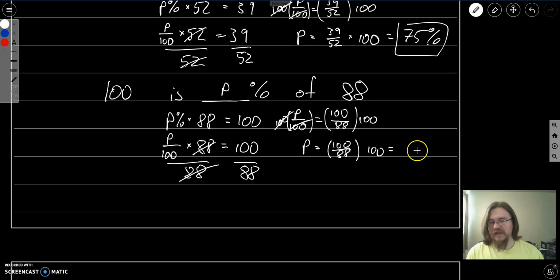And if we plug that into a calculator, and we will just round to the nearest tenth, we get 1.136. And again, this is our percentage. This I had to plug into a calculator. I couldn't do that in my head. So we see that p up here is going to be 113.6. This is rounded to the nearest tenth.